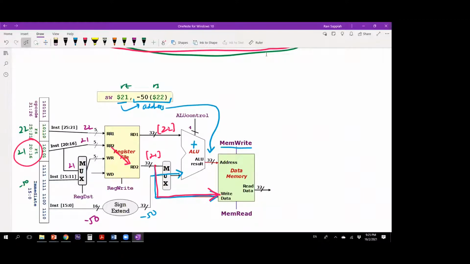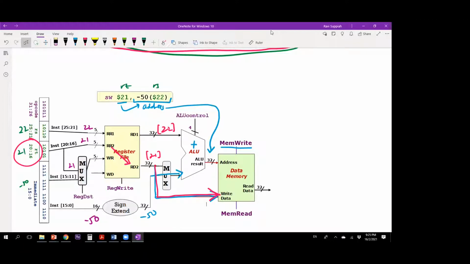I see, correct. Because you want to store the information in the 22 offset by 50 into 21, right? No, it's the other way around. Take the data in 21 and store into the address specified by 22 minus 50.